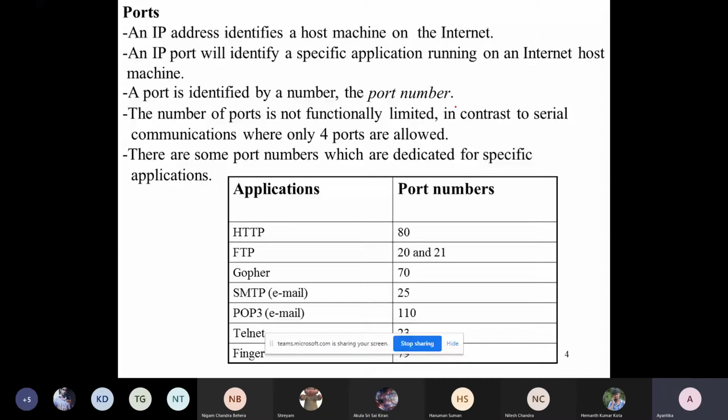It can be file transfer, email transfer, or general HTTP transfer. So based on the type and the specific application running, the next requirement is the port.